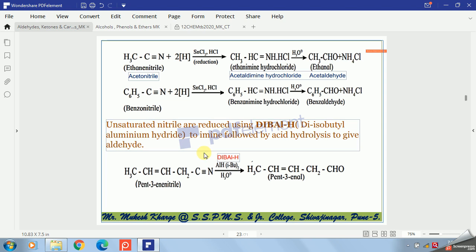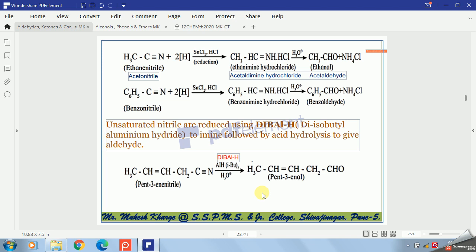It gets converted first into an imine, which on hydrolysis by using acid, that is acid hydrolysis, gives an aldehyde. Okay, so pent-3-enenitrile is the compound. It undergoes reduction by using diisobutyl aluminum hydride. It gives pent-3-enal.